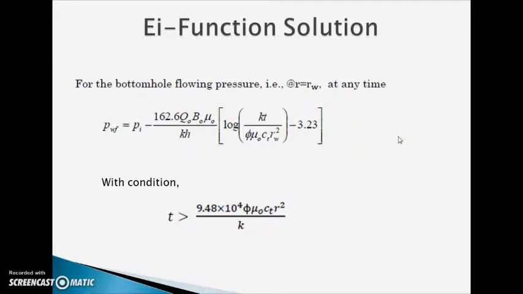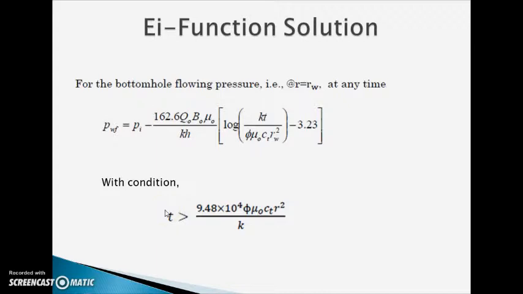If you choose your r as 1, it's simply r equal to rw. So you just change your rw into your chosen r here. You don't need to be confused. So you can get your bottom hole pressure, or Pwf, but with the condition that your t is higher than 9.48 and so on.